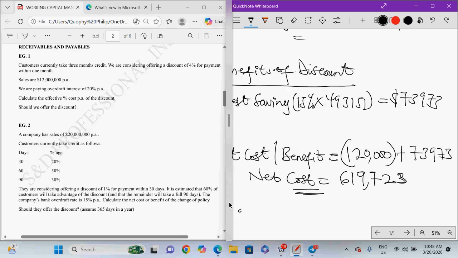So what do you think we do? Since it is a net cost, do you offer the discount?